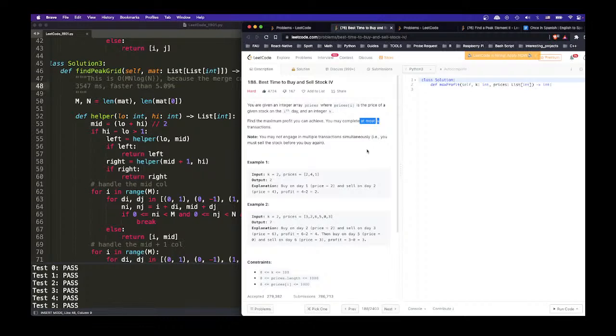These are the states you'll end up with after all these transactions. So if we have at most two transactions, you just list out all the possibilities at the end of two transactions. It's going to be H1, H2, E1, and E2, and you get the largest among them, and then we're good.